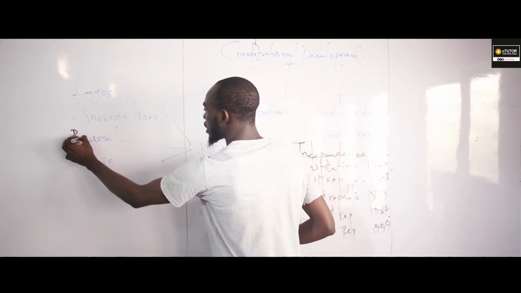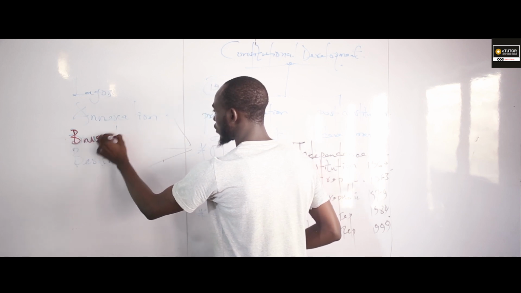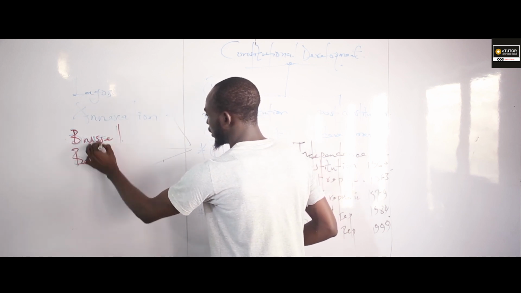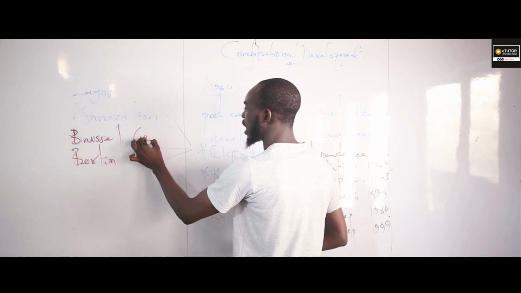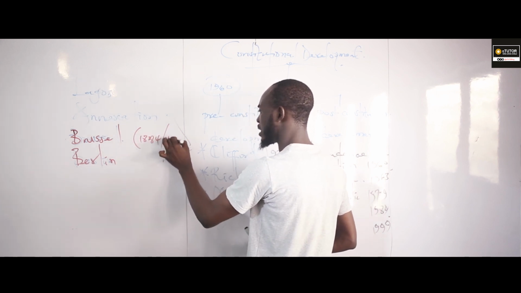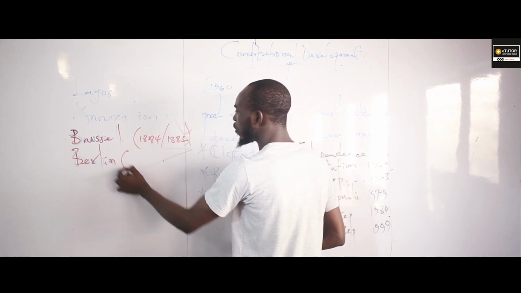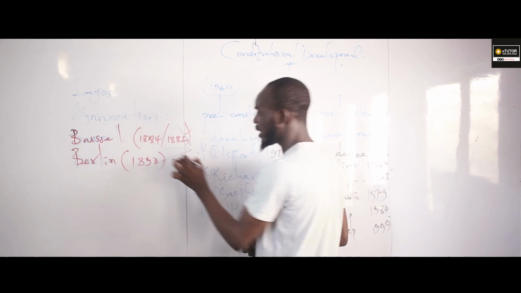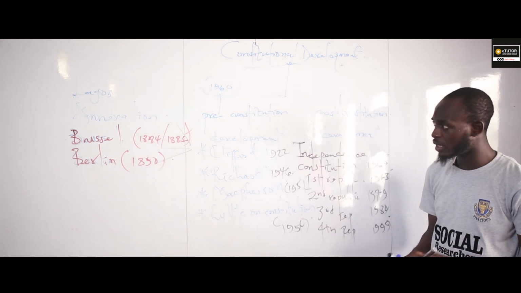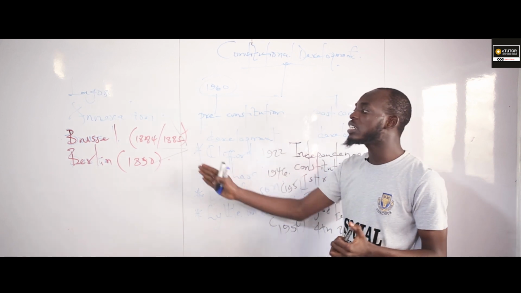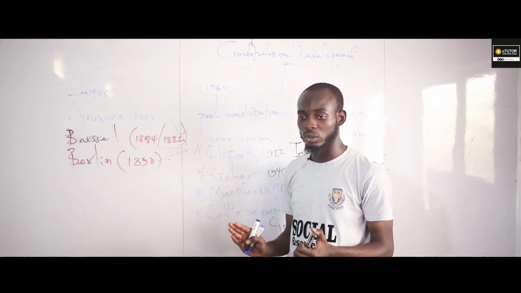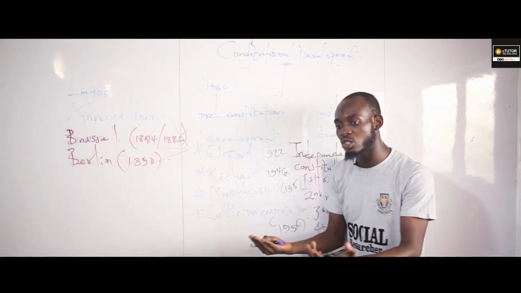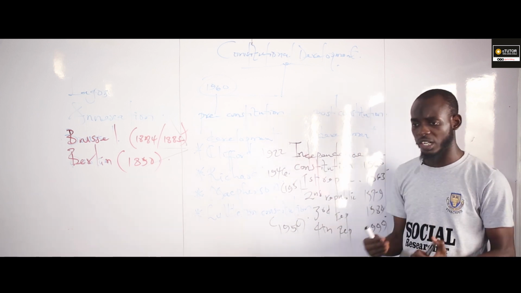The Brussels Conference was held in 1884 to 1885, and the Berlin Conference was held in 1890. After these two conferences, Britain decided to colonize Nigeria.